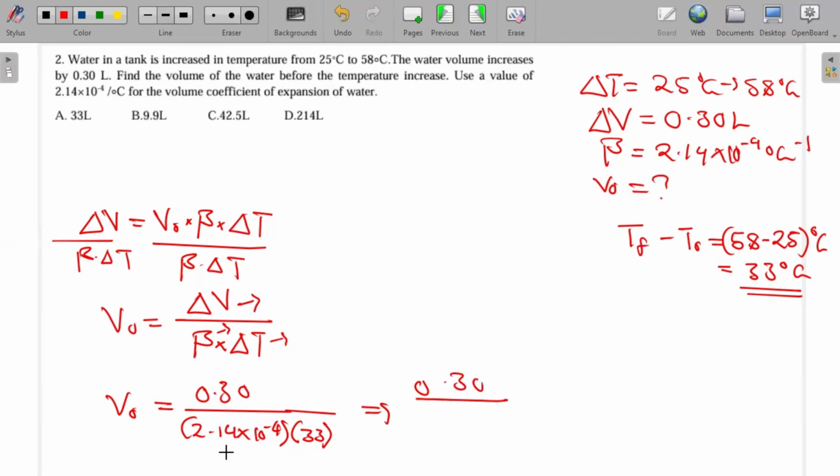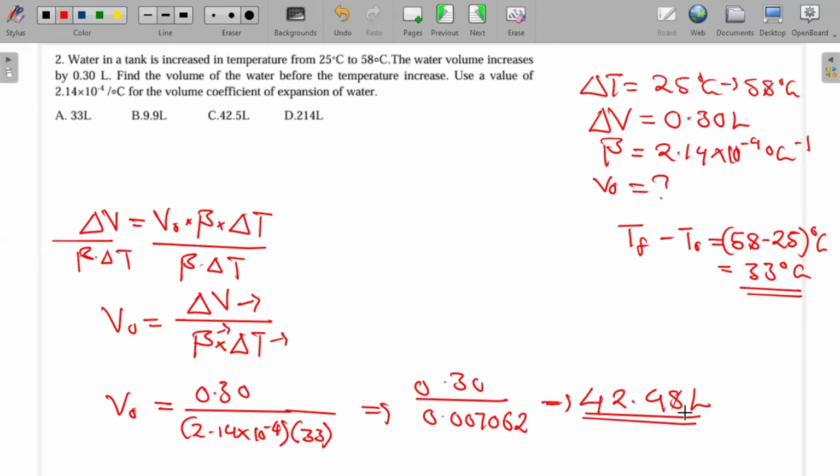If I plug my denominator into my calculator, I'm getting 0.007062. So 0.30 divided by 0.007062, I'm getting approximately 42.48 liters.